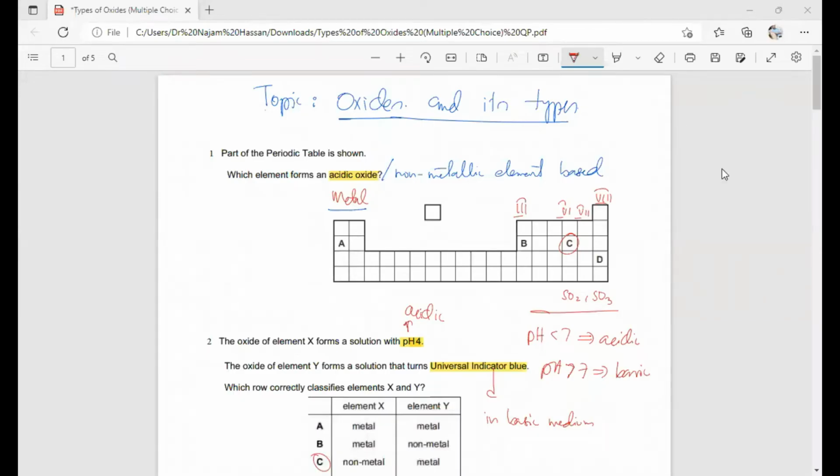Now, this is a short session on the topic of oxides and its types for the Paper 1 MCQs. So remember that we have basically 4 types of oxides. Number 1, metallic oxides, which we call basic oxides, and acidic oxides, the non-metallic oxides.